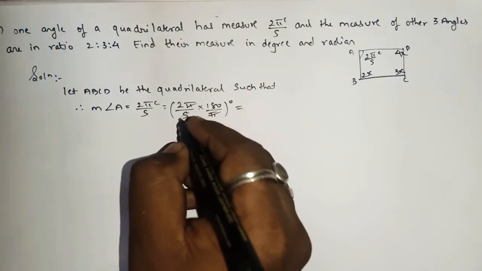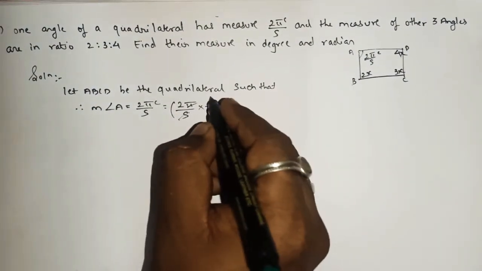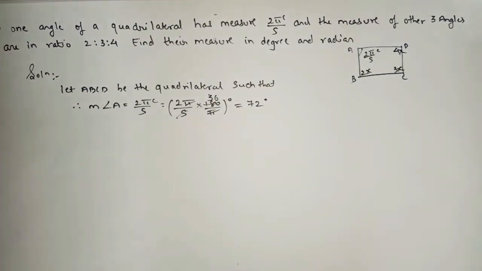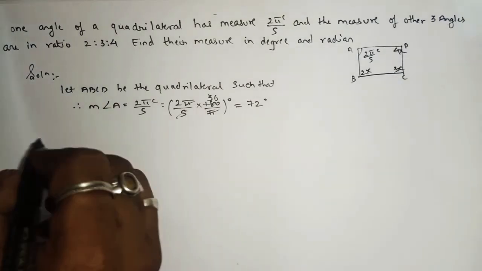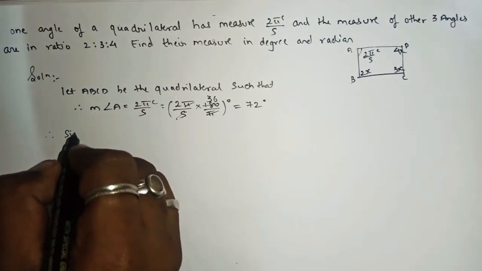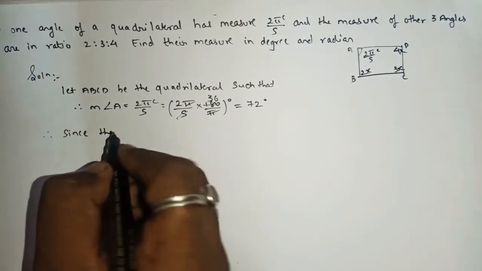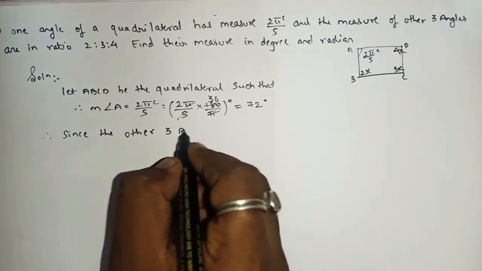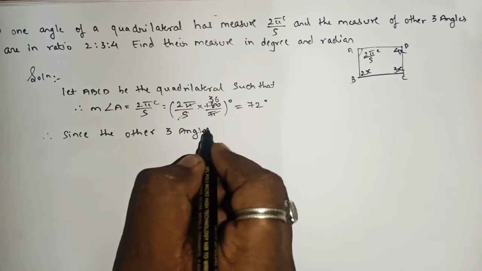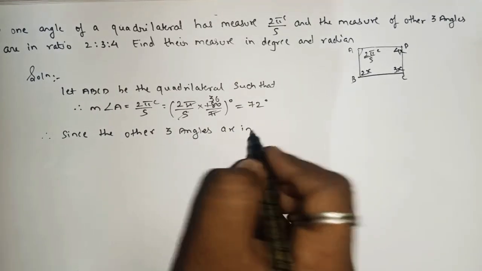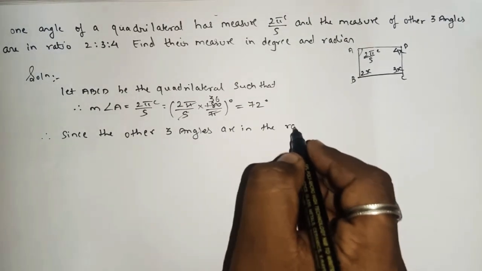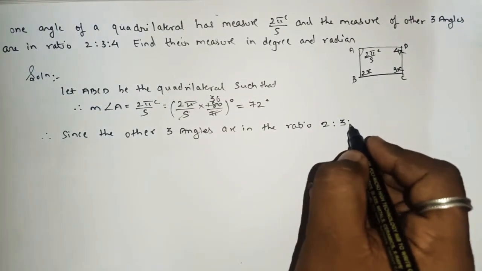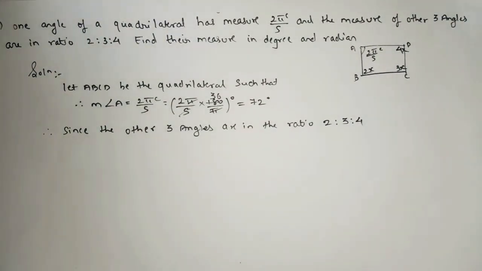Okay, so 5 ones are 5, 36 are 36, 2 sides are 72. Now we know that the other three angles are in ratio, as we know that the angles cannot be in ratio itself.